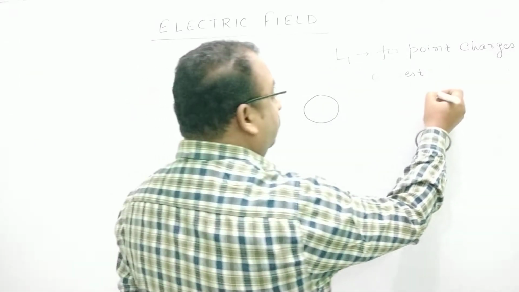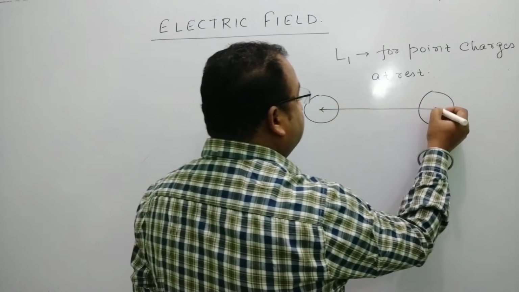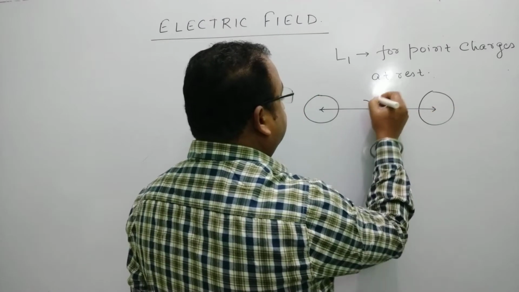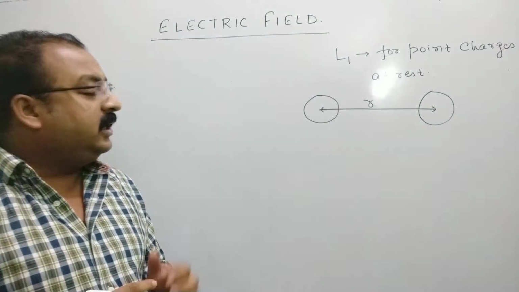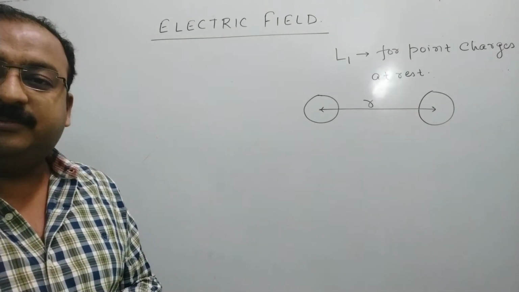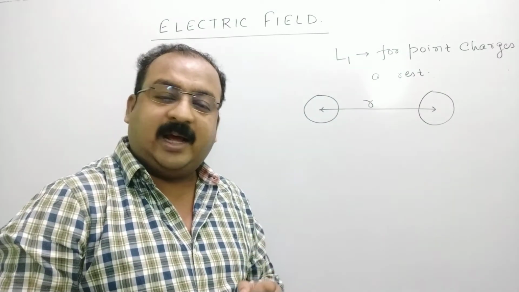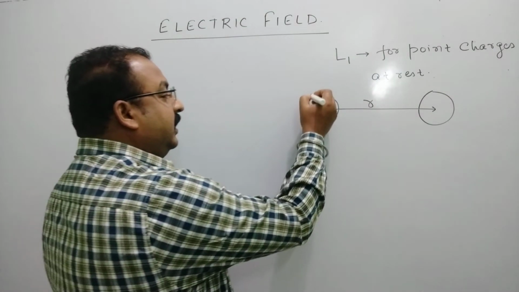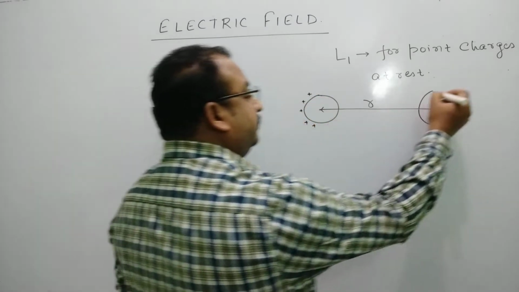Suppose you have two big bodies separated by distance r and charges distributed over these bodies. Due to the effect of electrostatic induction, what will happen? The charges will be shifted this way.